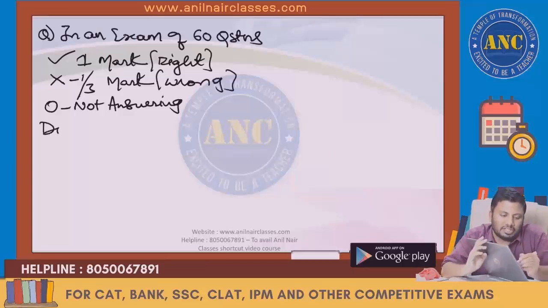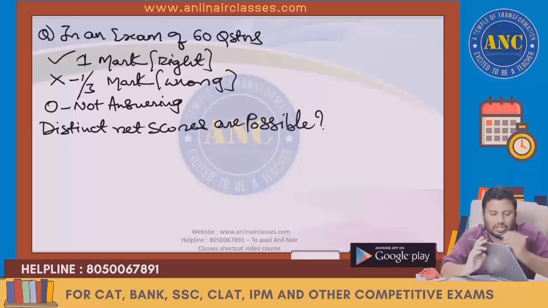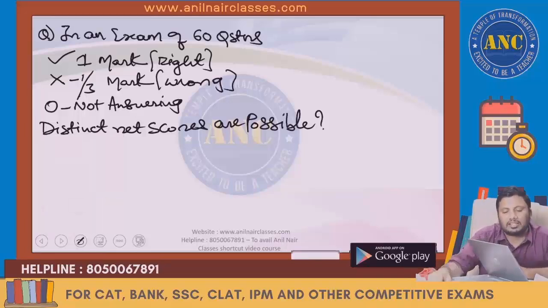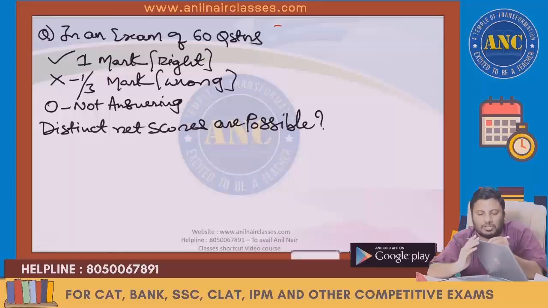How many distinct net scores are possible? In an exam of 60 questions, right answer 1 mark, wrong answer minus 1 by 3 mark, 0 for not answering. How many distinct net scores are possible?